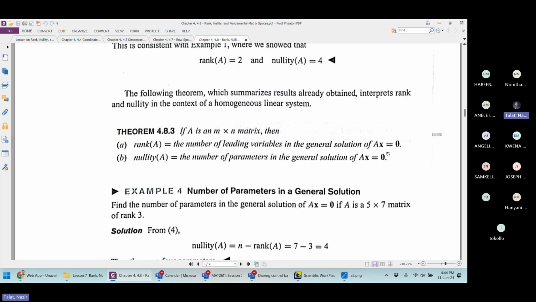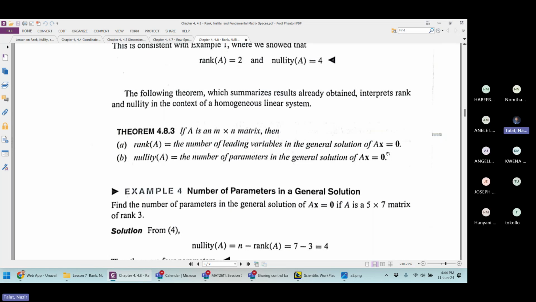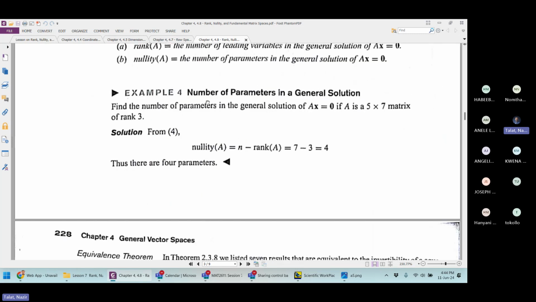It is the dimension of the solution space of the homogeneous system, the dimension of the null space, because the solution of a homogeneous system is also called the null space. So here is the problem, as I told you: if A is a 5 cross 7 matrix, meaning 5 rows and 7 columns, and suppose its rank is 3, then what will be the nullity?